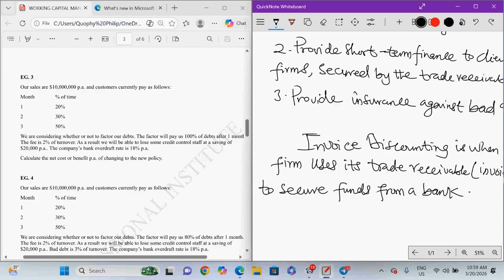Once they use their trade receivables as collateral to secure funds from the bank, the bank will not give them the exact amount of their receivable. They'll give them something lower.